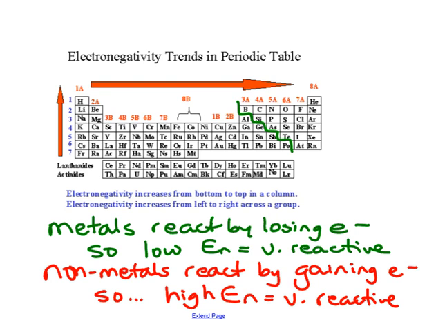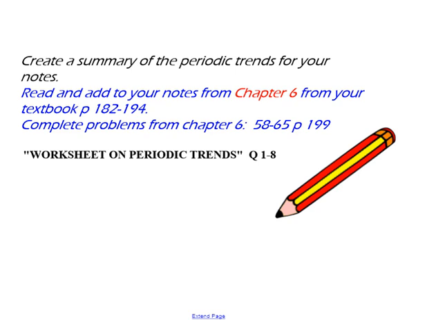When I ask you which of two elements is more reactive, you must first decide if it's a metal or a nonmetal. We can do this by finding the zigzag line on the periodic table. Everything to the left of the zigzag line is a metal, and the most reactive of our metals is francium. If you are comparing nonmetals, nonmetals are found on the right of the zigzag line, and the most reactive of my nonmetals is fluorine.